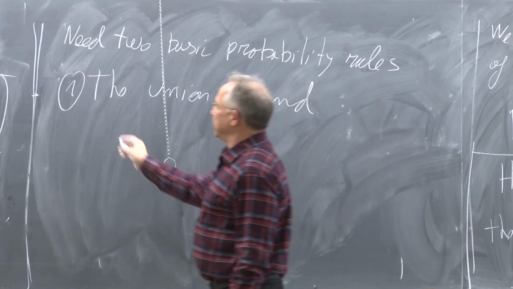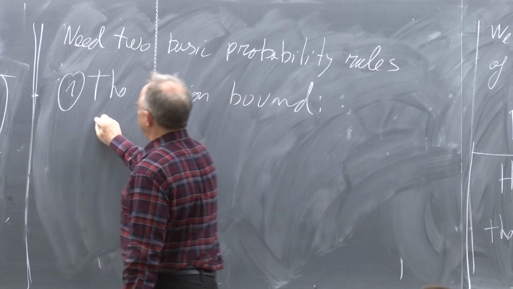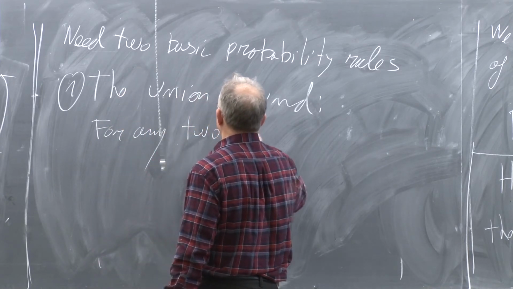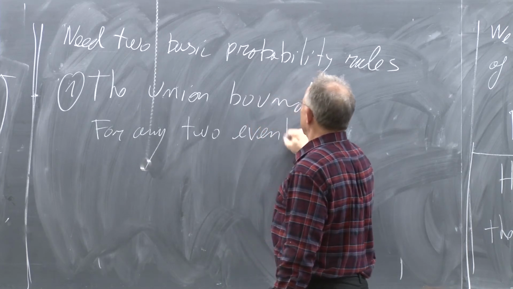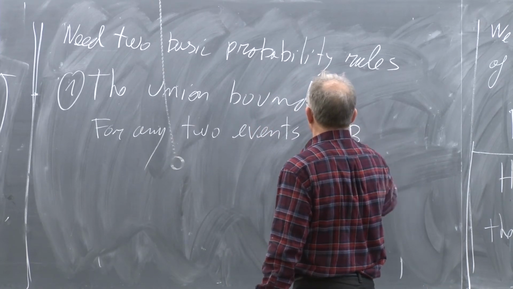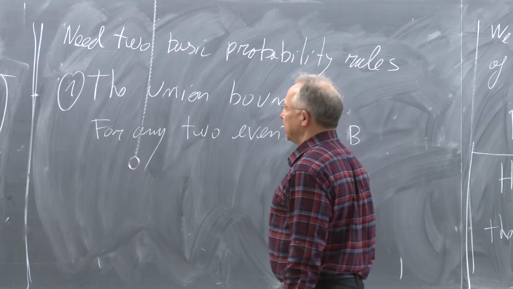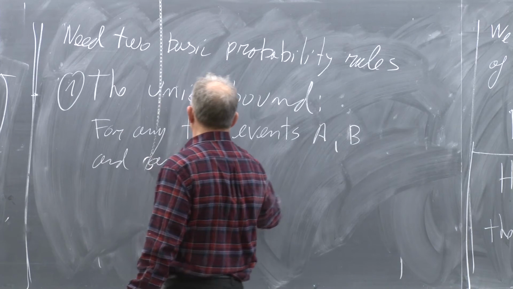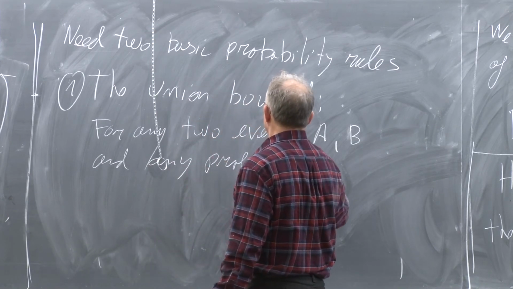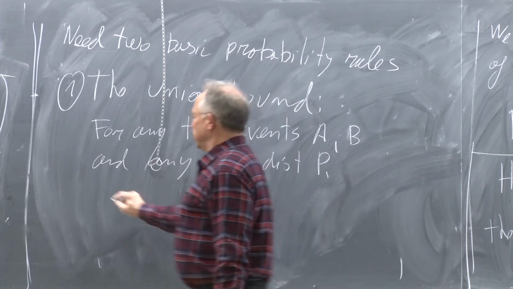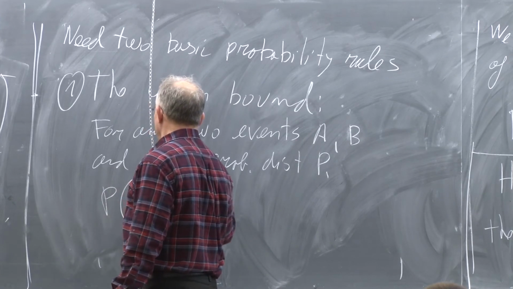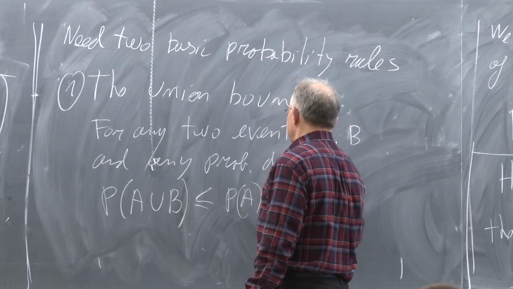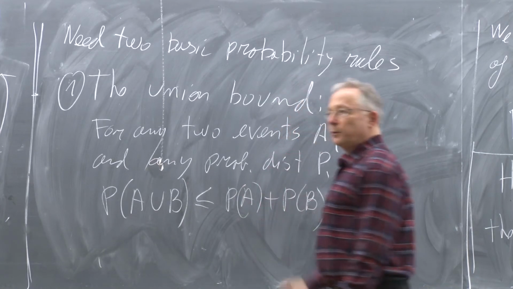For any two events A, B, and any probability distribution P, the probability of A union B is at most P of A plus P of B. I'm sure you have seen this before.